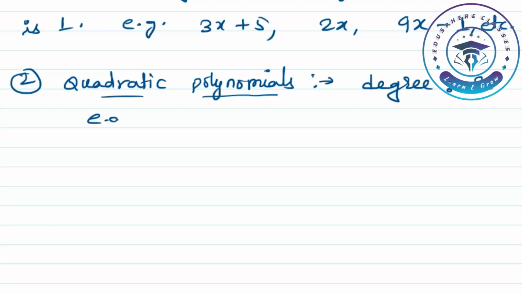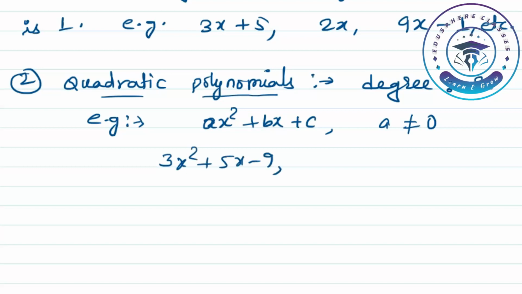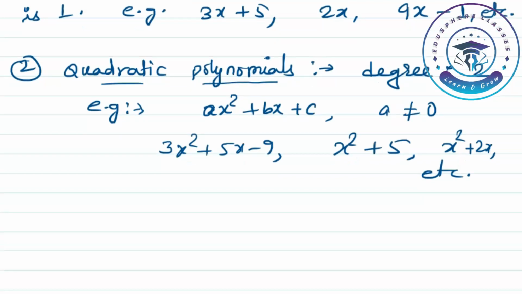For example, we can say ax square plus bx plus c form, where at least a is not equal to 0. Then we can write any quadratic polynomial in this form, like 3x square plus 5x minus 9, or x square plus 5, x square plus 2x. All these are quadratic polynomials.